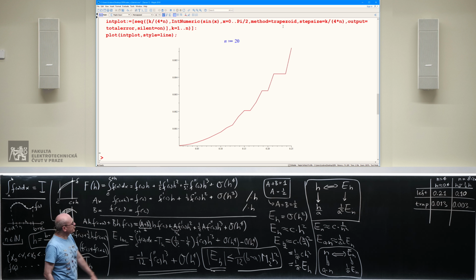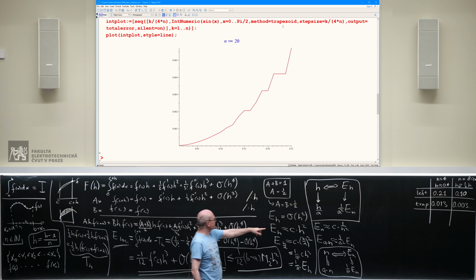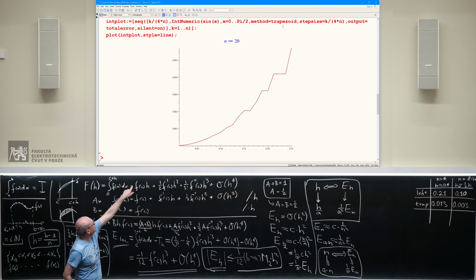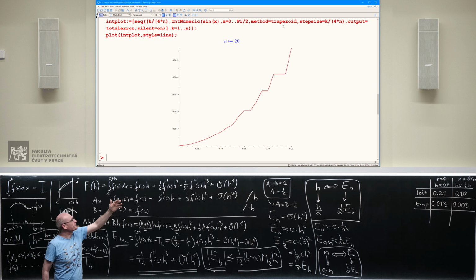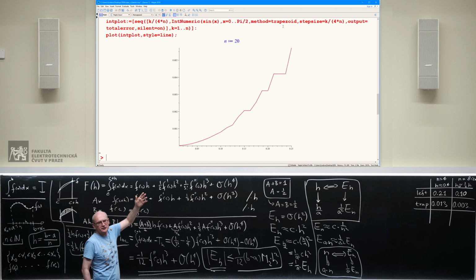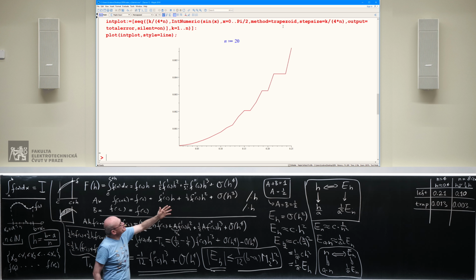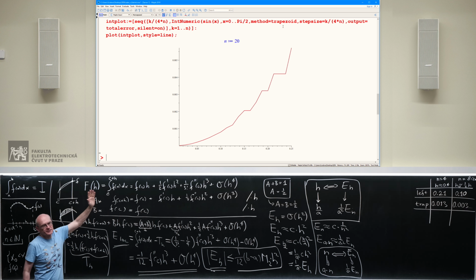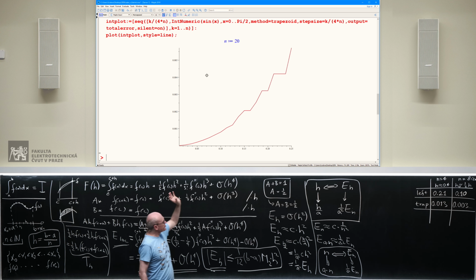Well, does it confirm that the error behaves like h squared? The answer is not quite. Because, well, I can see this curving shape, definitely. But how do I know that it's h squared? It could be h cubed. Or it could be h to 1.1. I don't know. Nobody knows. But what we see quite well is that it's not linear. It's much better than linear. This is a very, let's say, hopeful picture.